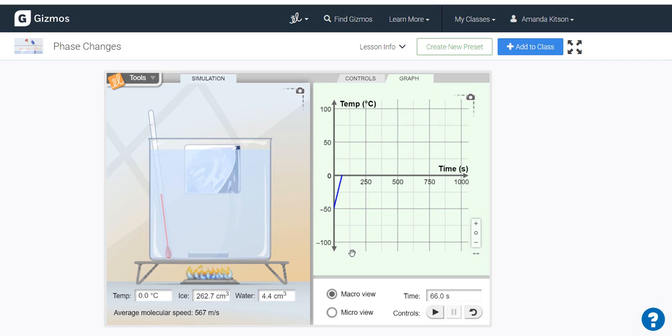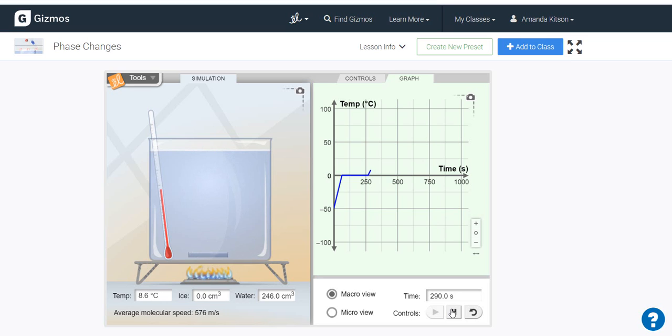And by the way, along the x-axis here is time. So you can see the ice changing to water. That's just a stir bar right there spinning. It might be a little hard to see, but you can see this blue line leveled off at 0 degrees. And it'll keep progressing. The temperature will stay the same until the ice turns completely to water.